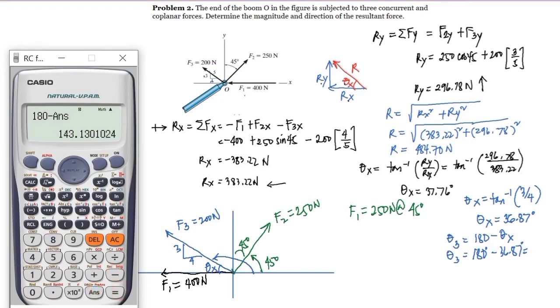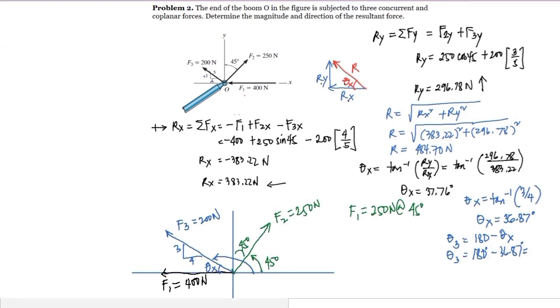So that's 143.13 degrees. Meaning this is 143.13 degrees. So our force is equal to 200 Newton at 143.13 degrees.